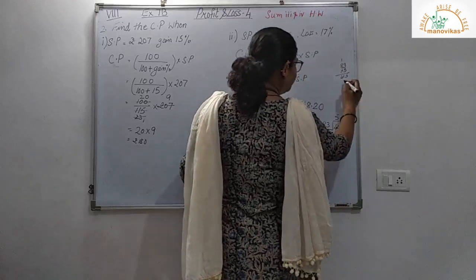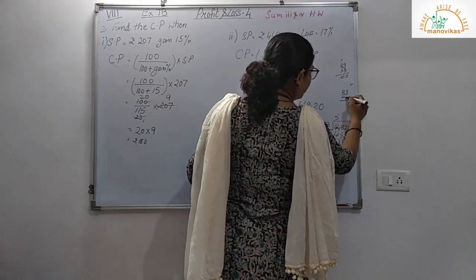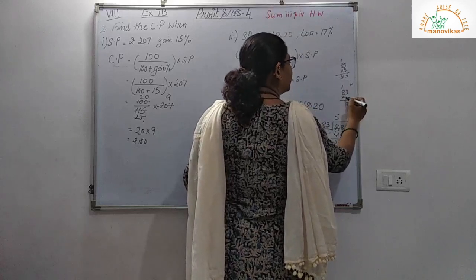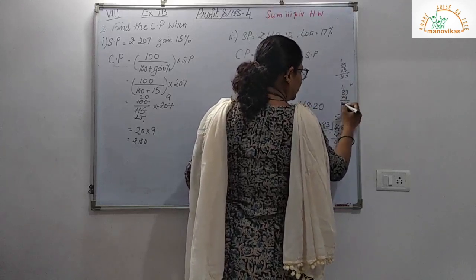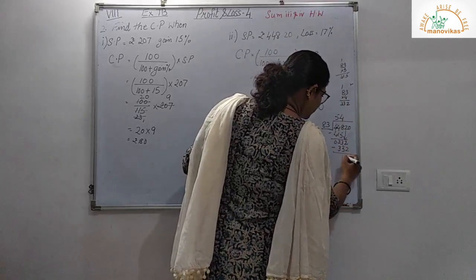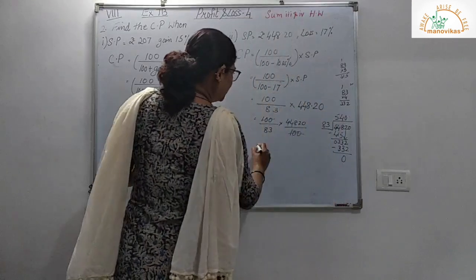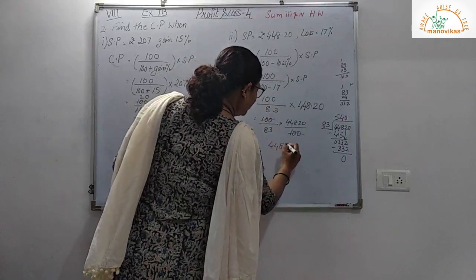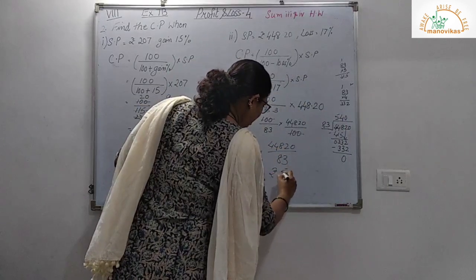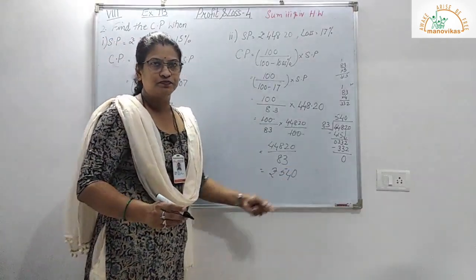This was 5s are. Then 83, if I take it with 4, 4 3s are 12, carry 1, 4 8s are 32 and 1 is 33. So I get it as 4s are 332, negative sign, this is 0. This 0 I can take it here, right? So it is 540. So 44820 divided by 83 gives you rupees 540. So we got the cost price as 540.